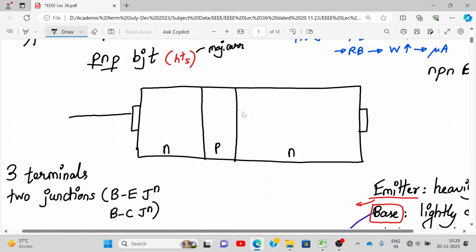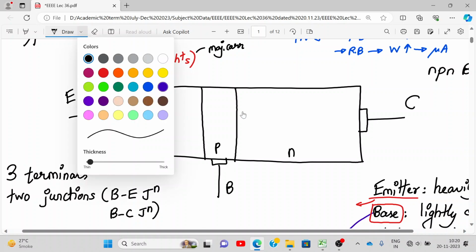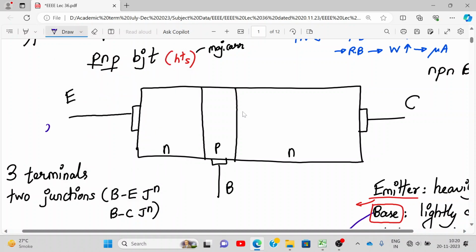This is emitter, base, collector. C, B, E, short form. So this is my emitter, collector. Please pay attention because it's a new concept.